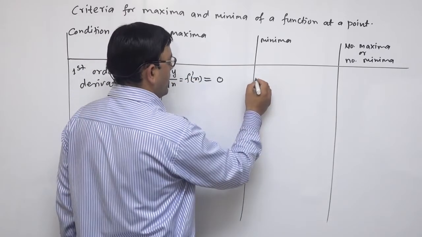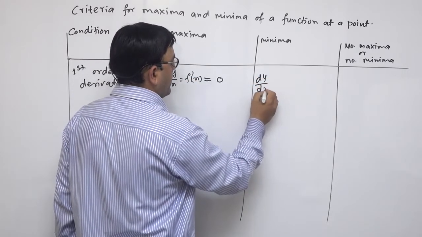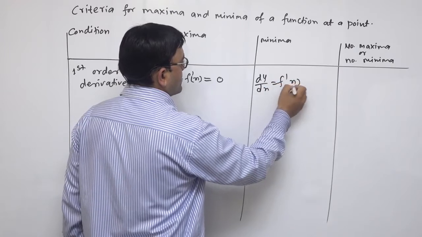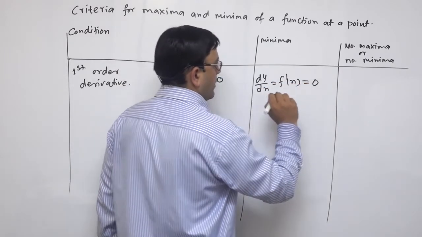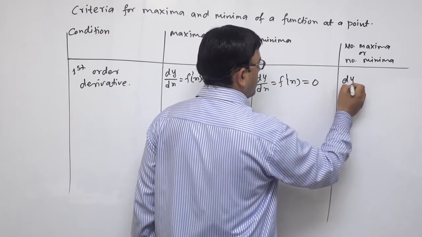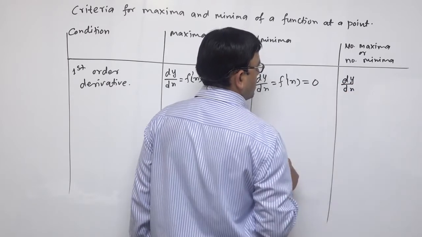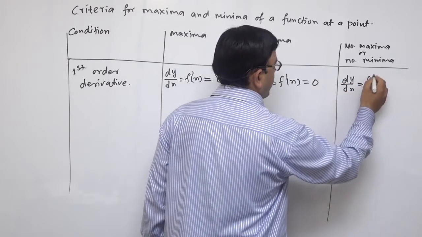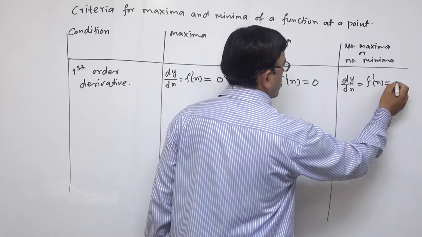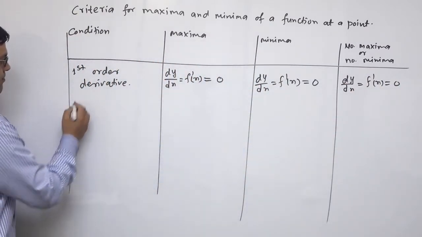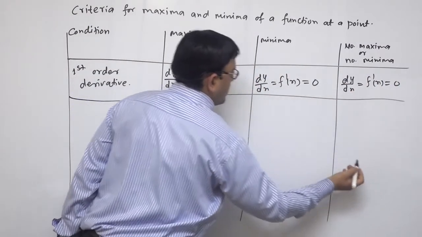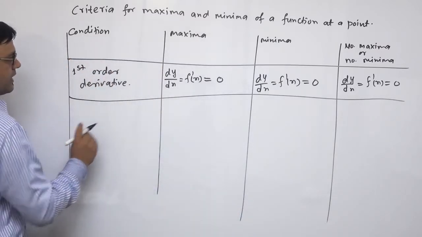And then similarly dy by dx is equal to f dash x is also 0, and then here dy by dx is equal to f dash x also is equal to 0 for all three cases. Let's close it.